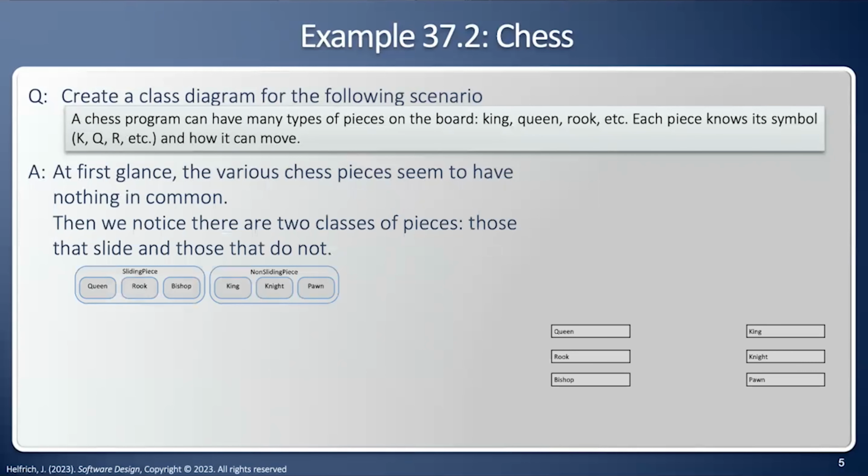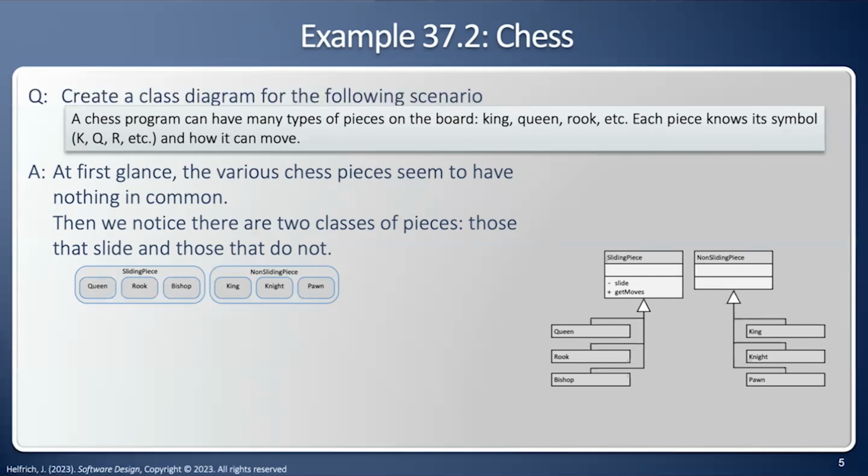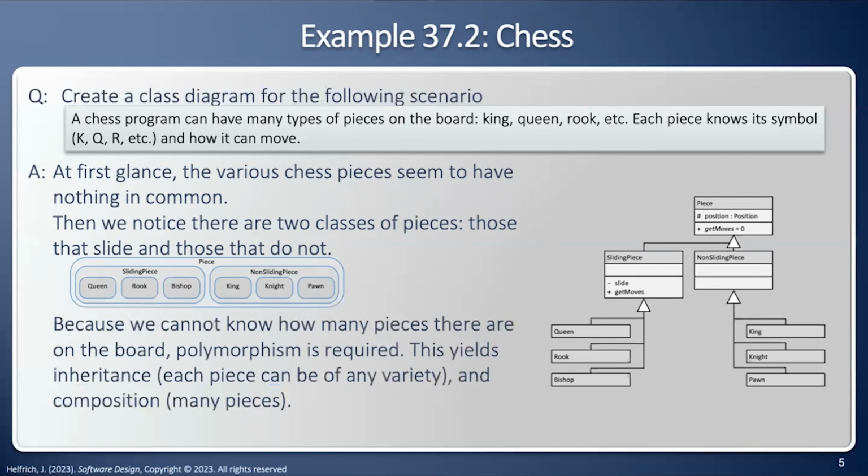So we have the sliding pieces, the queen, the rook, the bishop, and the non-sliding pieces, the king, the knight, and the pawn. So now I can make a sliding versus non-sliding version. But all these are basic types of pieces, and so I have inheritance here as well. But notice I'm not done, because the board has a collection of pieces. How many? Well, 64 if you include spaces. In that case, I must use composition here.